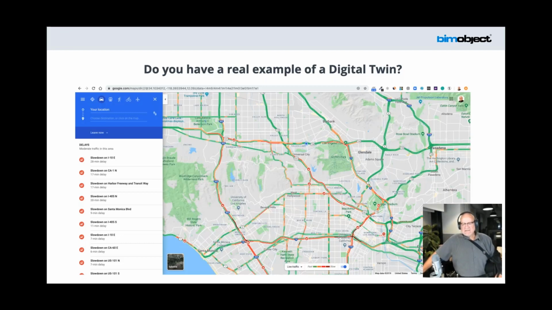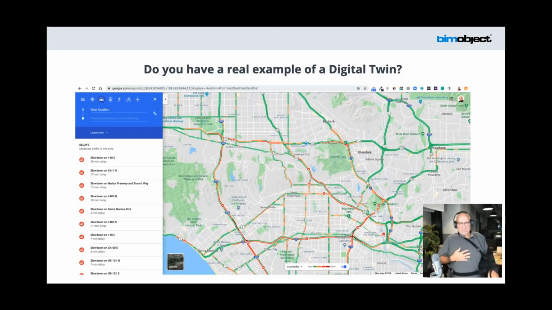Whether I'm in Copenhagen or anywhere else, throughout Europe, in Asia, Google Maps and tools such as this are showing us real time. This is a digital twin. It's feeding back from all the drivers on the road their speeds, and the concentration of cars on a given section of road. It's feeding back all of this information, allowing me to decide, or maybe Google is going to suggest, the optimum route to get from point A to point B.